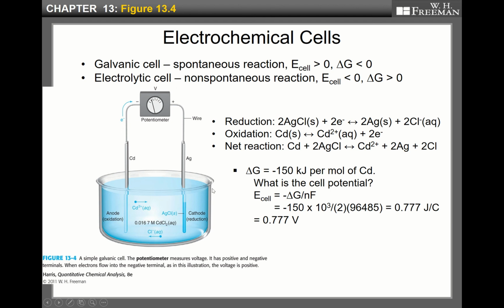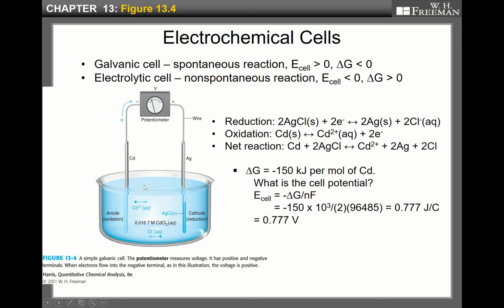All right, let's consider this type of reaction. To make electrochemical cells, you have to have two electrodes. One electrode is called the anode, and one electrode is the cathode.